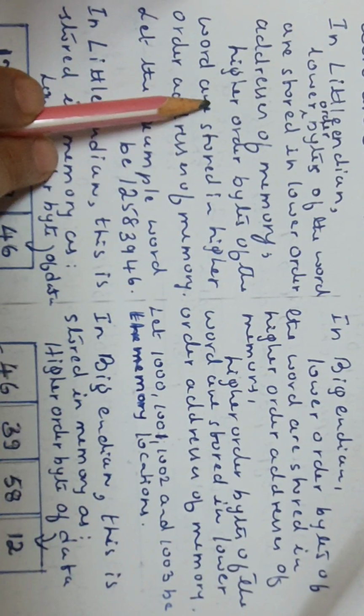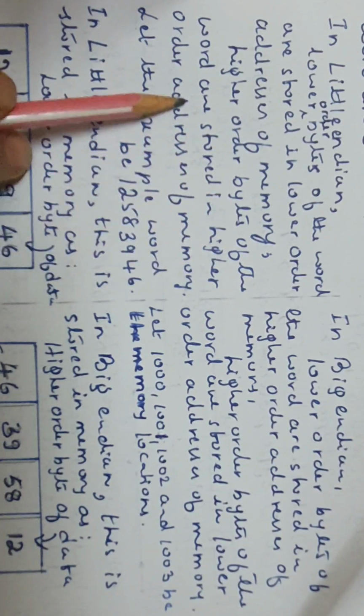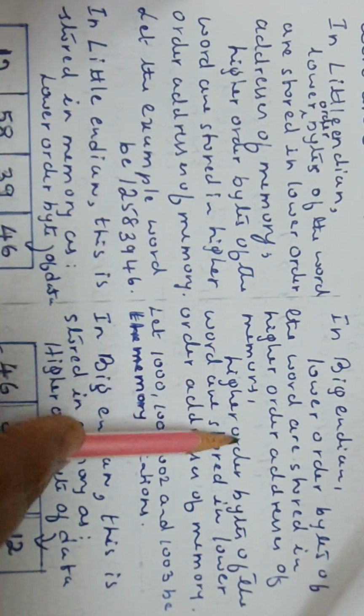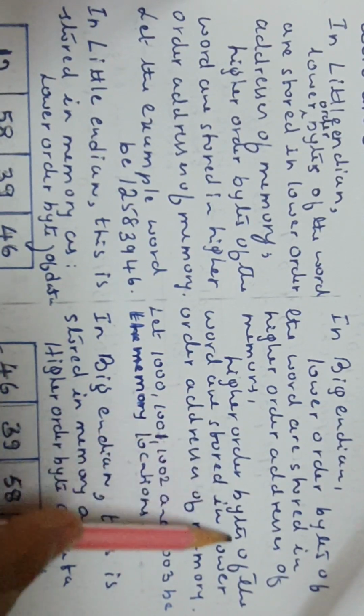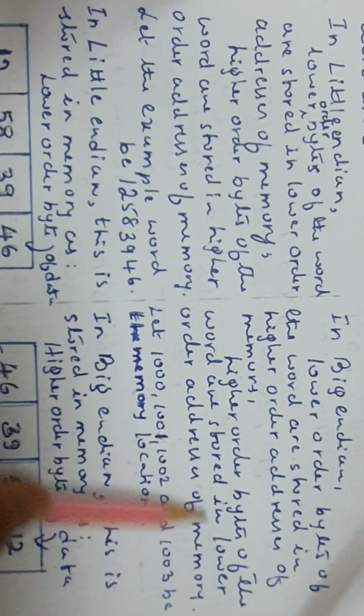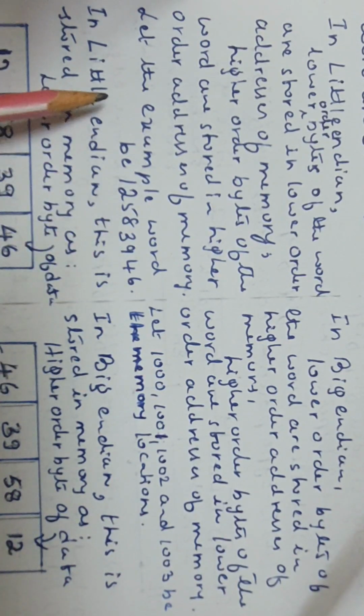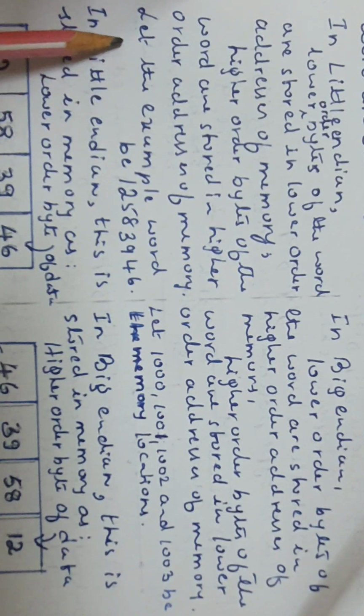So, in little-endian, higher order bytes of the word are stored in higher order addresses of memory. But in big-endian, higher order bytes of the word are stored in lower order addresses of memory. We can understand this when we go through an example.